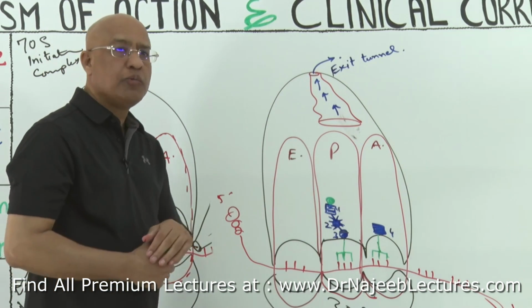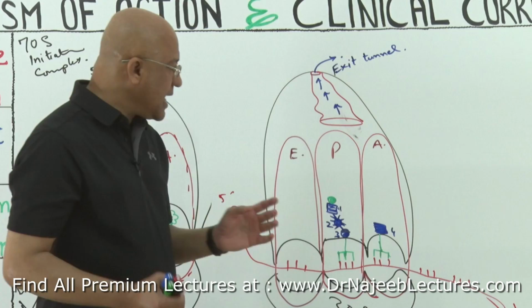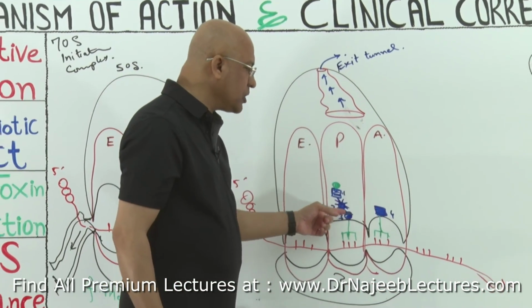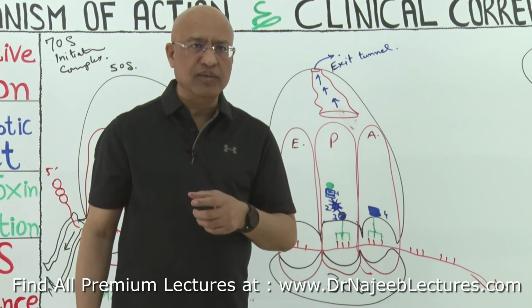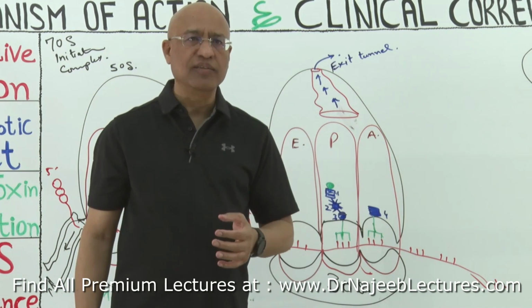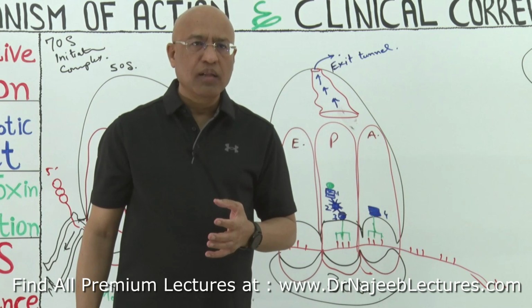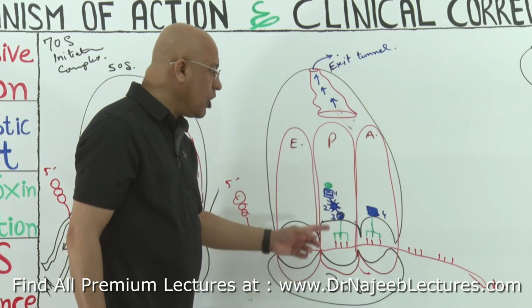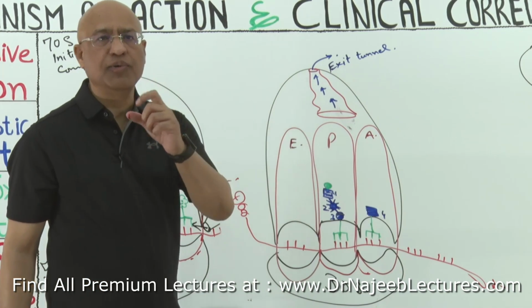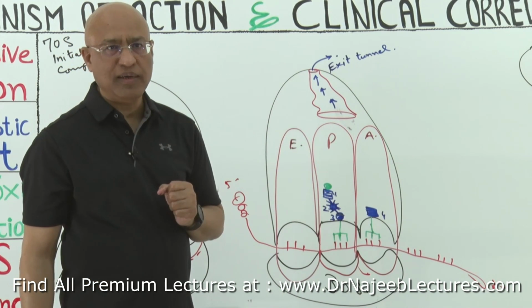How is it done? Now I will explain that. First of all, we have to determine that this reaction in which the peptide bond is formed is a catalytic, enzymatic reaction. Is this done by the 30S or 50S unit? Answer is 50S unit. Right?